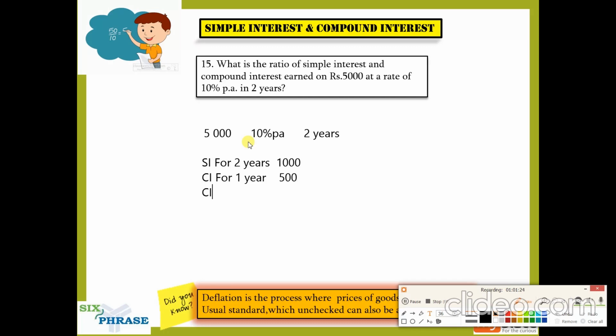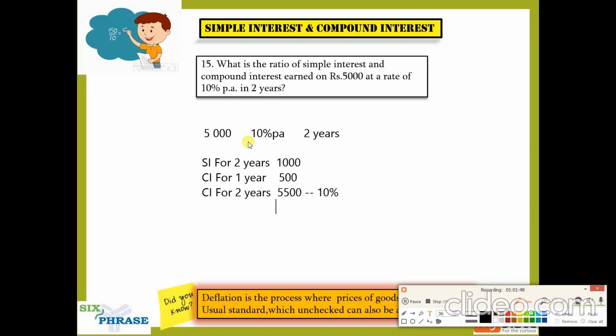Now for the second year, you have to take 10 percentage of 5,500. The rate of interest is 10 percentage, so it is 10 percentage of 5,500. What is 10 percentage of 5,500?